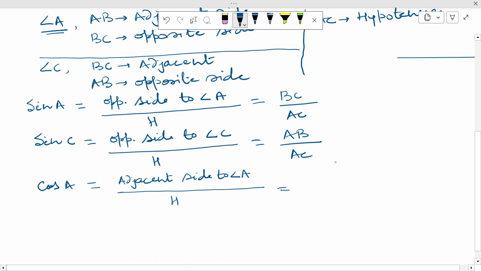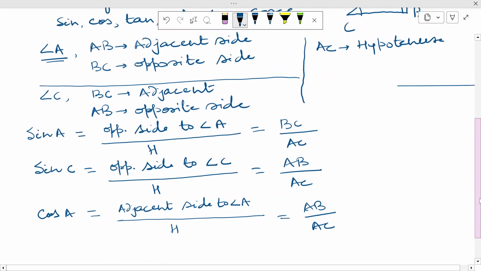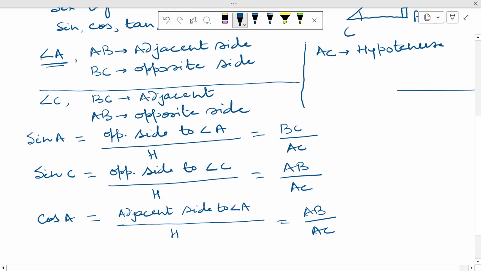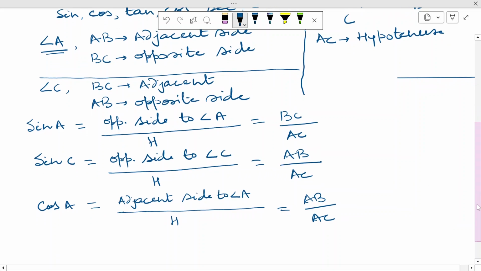So, the adjacent side to angle A is AB and the hypotenuse is AC. As you can see here, if you are considering the angle A, the side AB is the adjacent side to angle A.